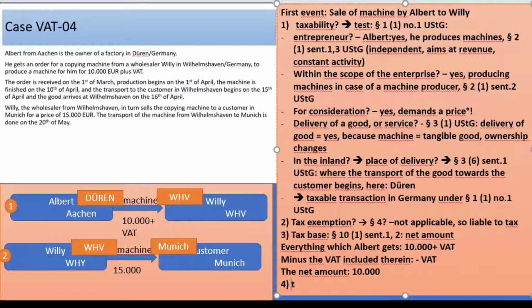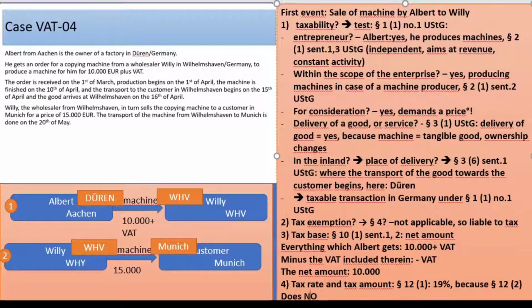And then we go to tax rate and tax amount. 12.1 says it's 19%. Of course, paragraph 12.2 does not apply. So we have a tax of 19% on 10,000, so 1,900 euro.